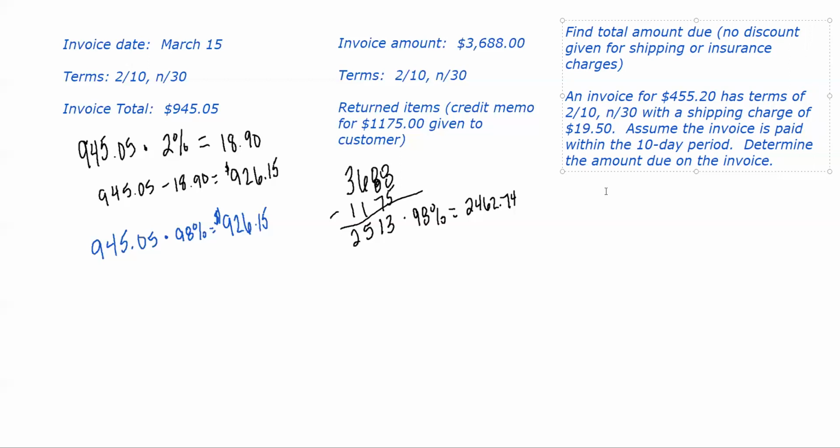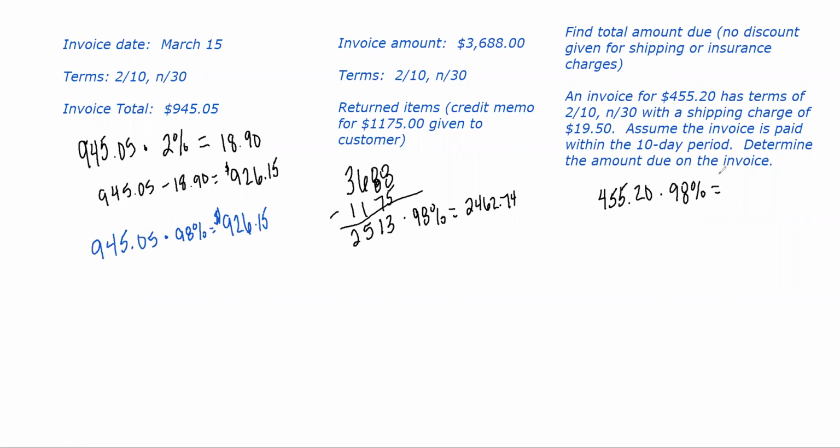So the first thing I'm going to do is I notice that there are no returns. So that means I'm going to start with finding the discount that I'm going to be giving them. So I'm going to take the $455.20, which is the invoice amount, and I'm going to multiply it by the 98%. Remember, I'm using the complement because that means I have to subtract smaller numbers in my head. It's easier.